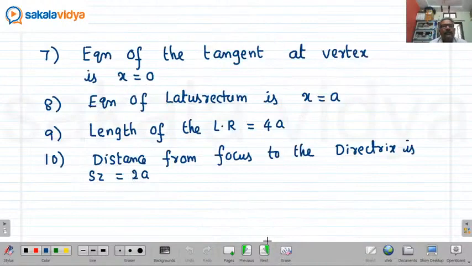The equation of the tangent at the vertex is x equals 0. The equation of the latus rectum is x equals a. The length of the latus rectum is 4a. The distance from the focus to the directrix is 2a. Understood now? So these are the concepts of y square equals 4ax. Okay, thank you. Next point.